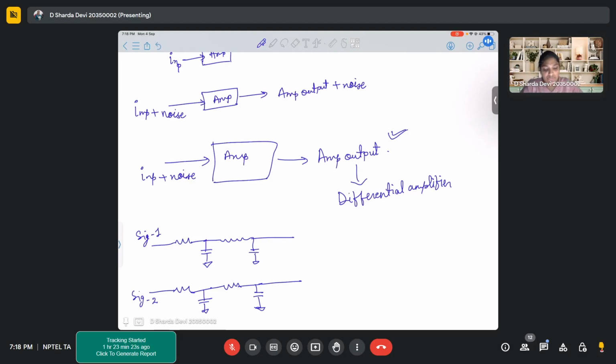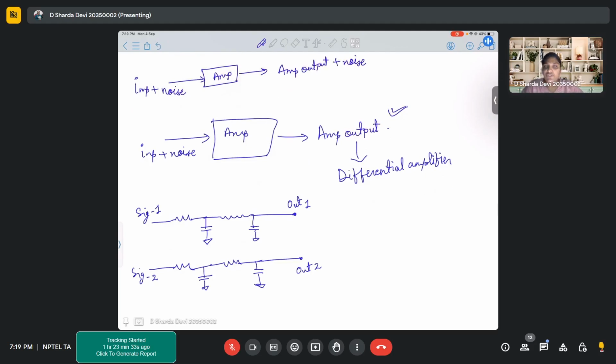Considering that these two are in the same environmental conditions, these two transmission lines will come across similar noise, right?